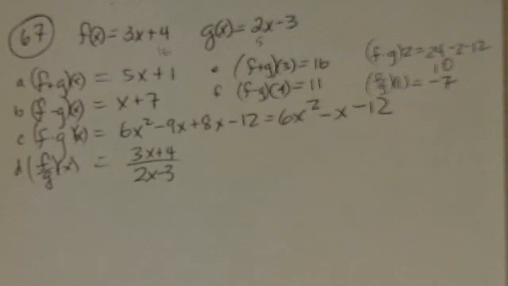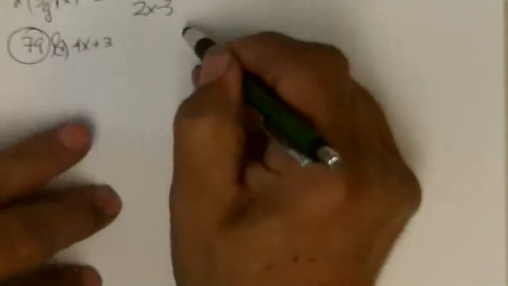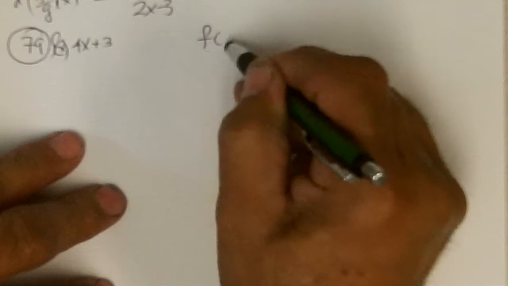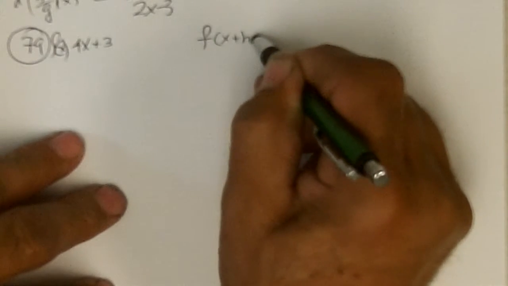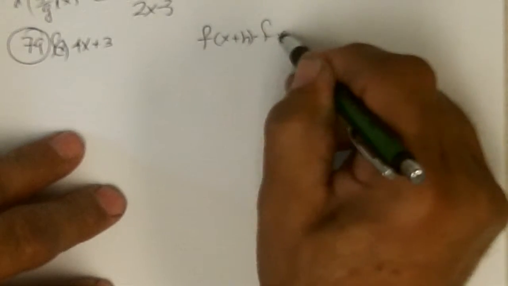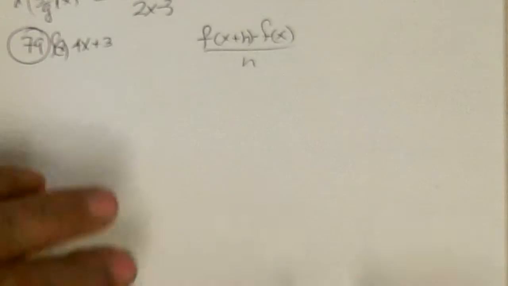79. 79 says find the difference quotient for 4x plus 3. And the difference quotient, of course, is f of x plus h minus f of x over h.